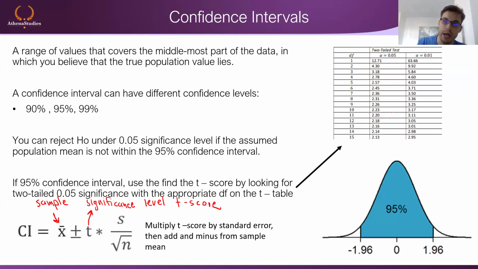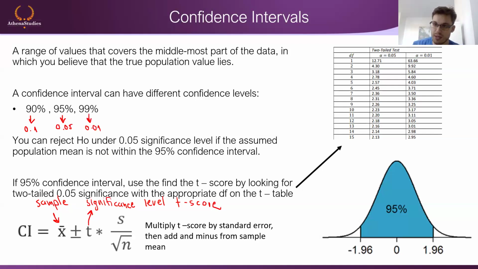Now, what does this significance level t-score mean? This is one of those things which I would really, really strongly recommend that you remember the values of for every significance level that we use. We usually deal with 90% confidence intervals, so significance levels of 0.1, 0.05, and 0.01.